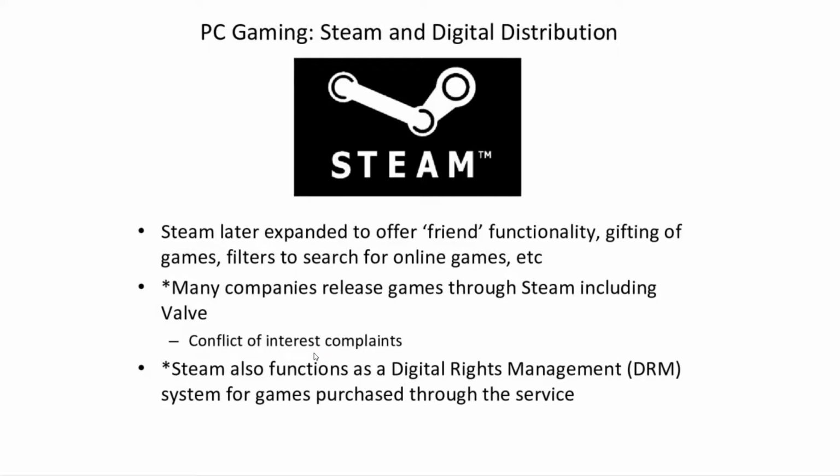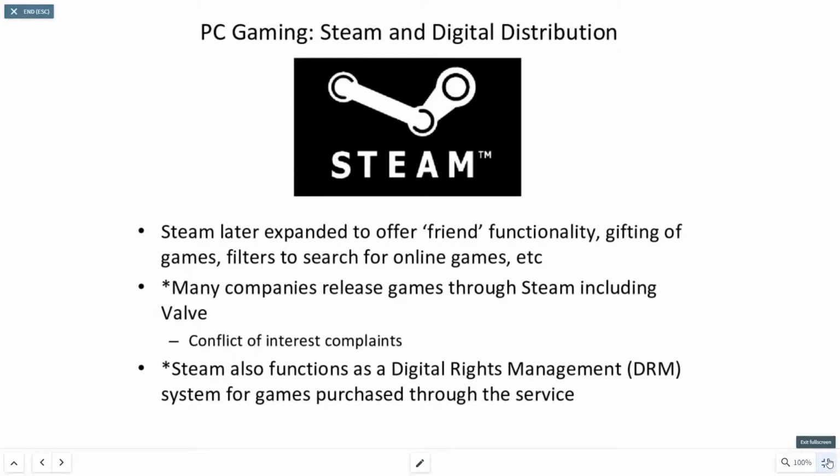There are companies who complain that this is a conflict of interest for Steam, simply because they can manipulate the store any way they see fit, and they can give preference to their own games, which doesn't necessarily seem fair to other game developers. They can do this also with Dota 2 and any title produced by Valve, essentially, right? Steam also functions as a digital rights management tool for games purchased through the service.